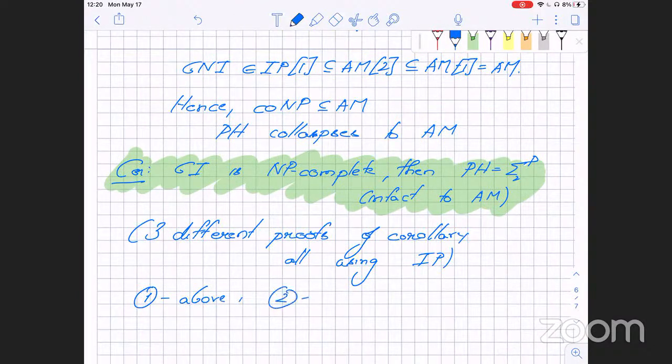The second one is in the book, Arora-Barak. And the third one will go into problem set 5. So there will be 3 such proofs, and they seem to be 3 different proofs, but all of them use the machinery of interactive proofs, of Arthur-Merlin proof systems.